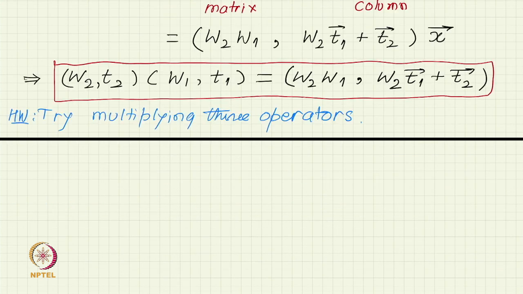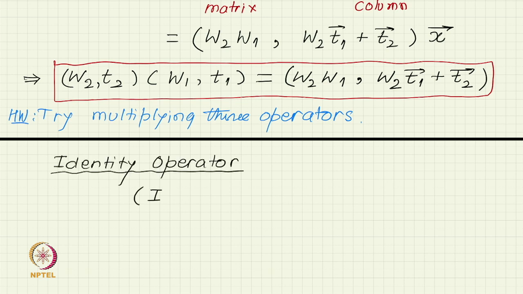What will be an identity Seitz operator? For identity you do not want to rotate, so take an identity matrix, and you do not want to translate, so take a 0 vector.